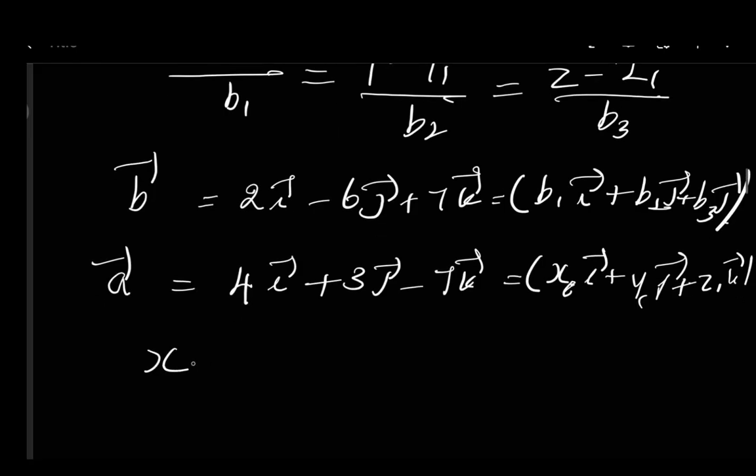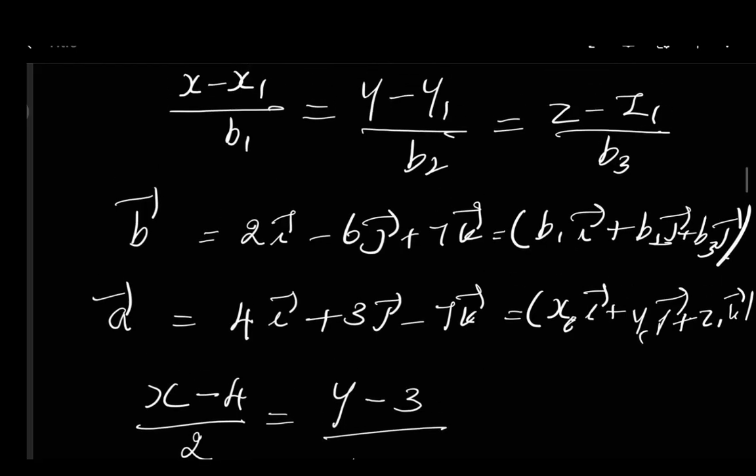Replace x1 as 4, x minus 4, b1 as 2, and then y1 as 3, y minus 3 divided by b2, which is minus 6. Then z minus, what is z1? Minus 7.